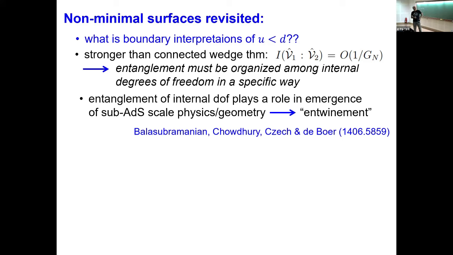As I've emphasized, this is really a stronger statement than just saying that I have a connected entanglement wedge. And our hypothesis is that this is telling us that the entanglement isn't just giving me a large number of correlations, but that I actually have to organize the entanglement amongst the matrix degrees of freedom in a very specific way.